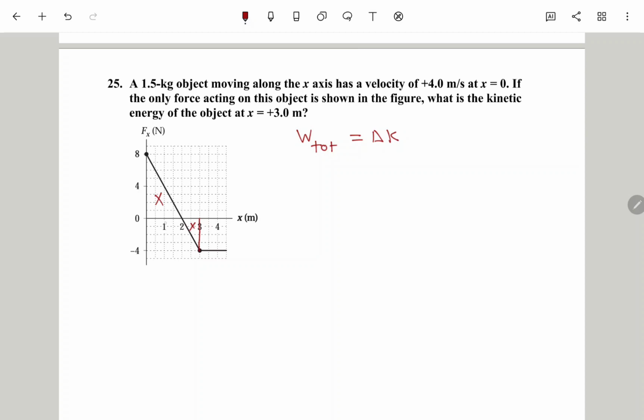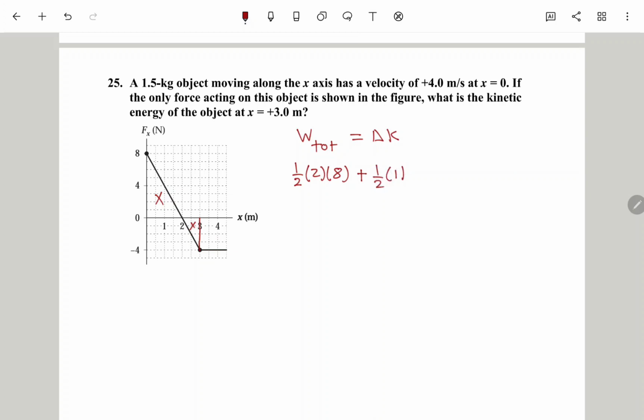Now this triangle, the area of this triangle, it's equal to half, and the base in this case equal to, this is 2, this one here 2, and the height is 8, and plus the area of the other triangle, it's actually, this is the base, it's equal to 1 half 1, and the height minus 4.